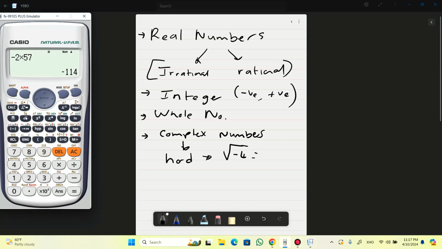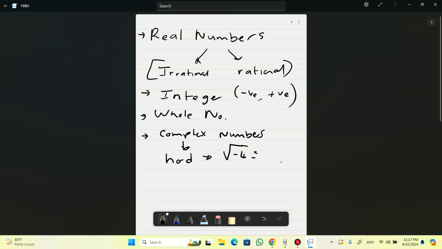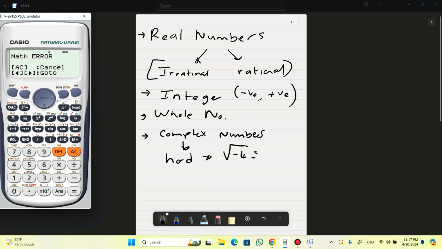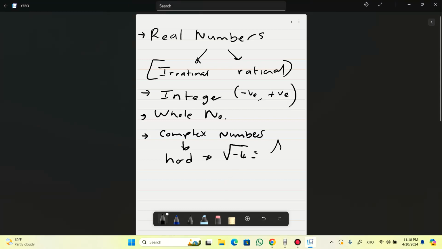This is what we call a complex number, because the calculator cannot calculate it. But if you major in engineering, you're most likely to encounter this. But let me keep the video short and do these ones here on top.